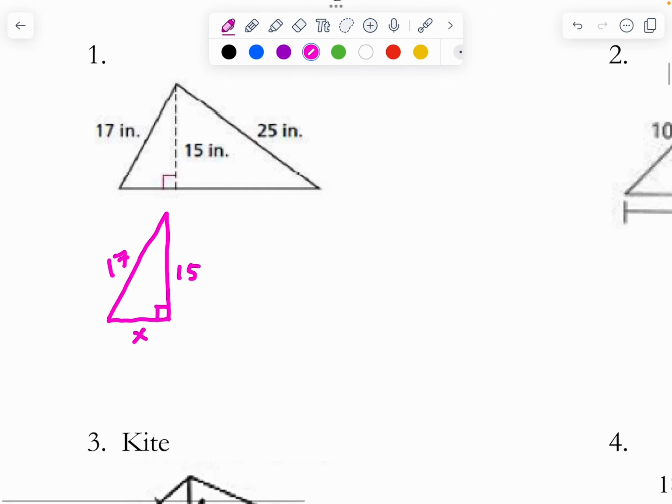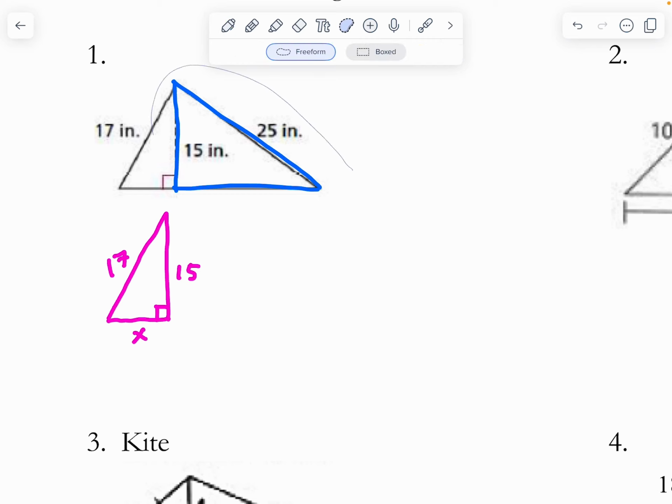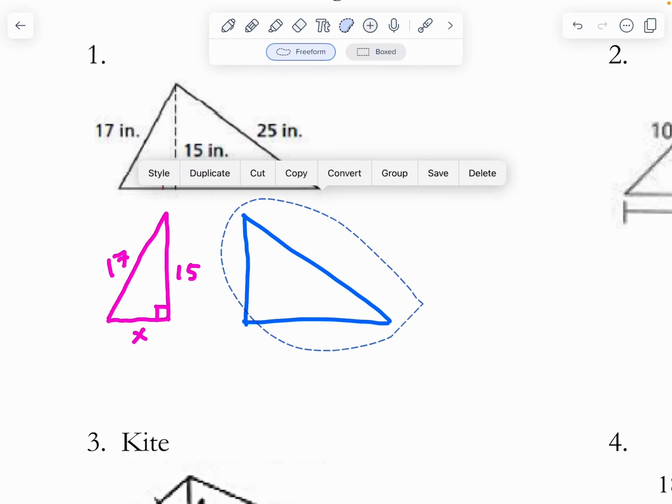So now why am I going to copy these two triangles? Well, remember that this one triangle is made up of two triangles, and in order for us to find the area of a triangle, we need to find its base.